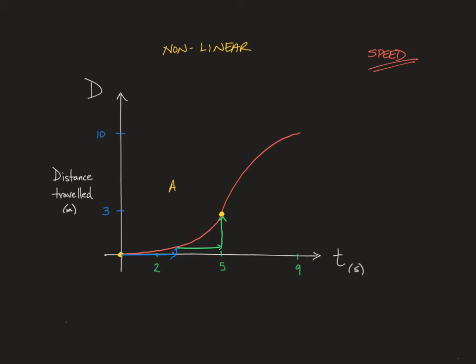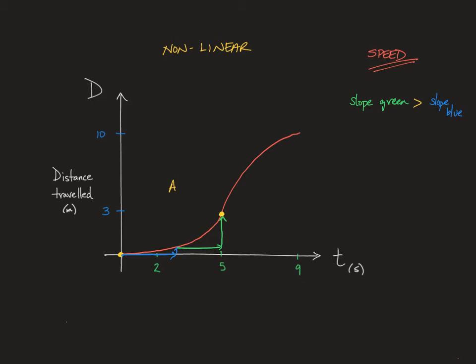We should be able to see then that the slope of the green is going to be greater than the slope of the blue. And so when I examine that, I know that I am moving faster in the green section than in the blue section.